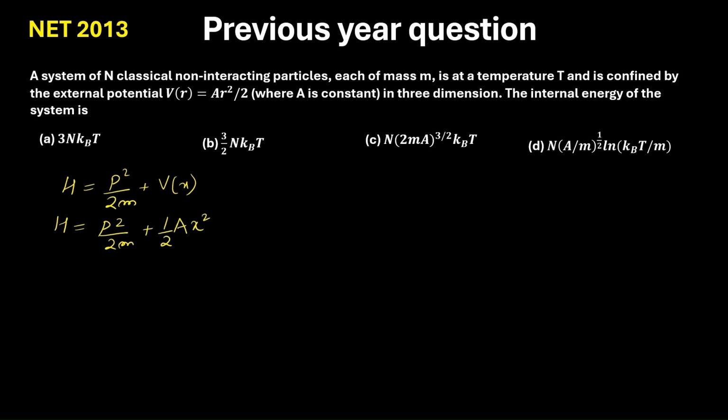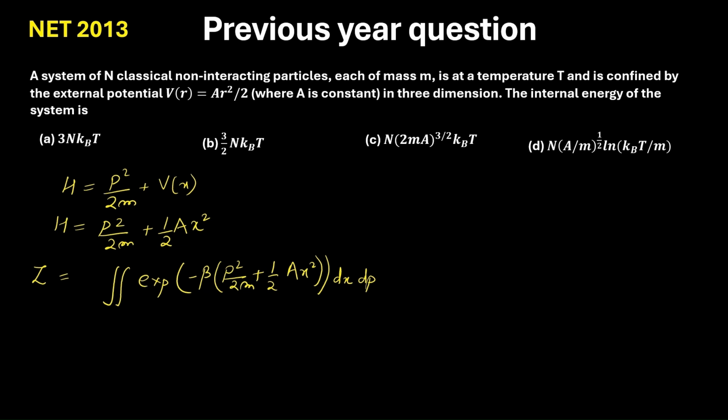Now let me write the partition function for this. It will be a double integral of the exponential of minus beta times p squared by 2m plus half a x squared, dx dp.